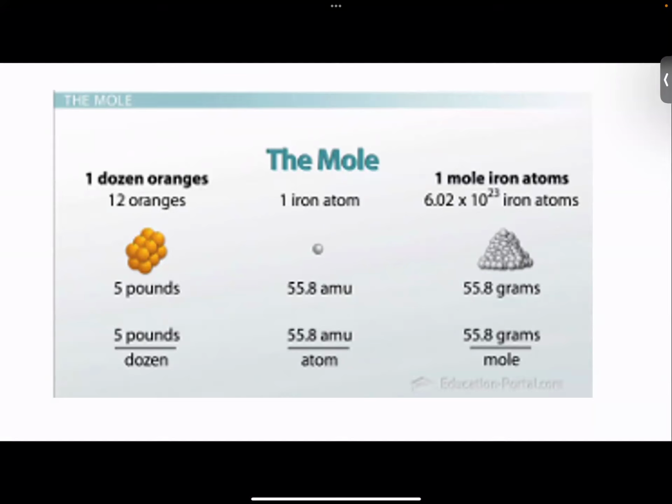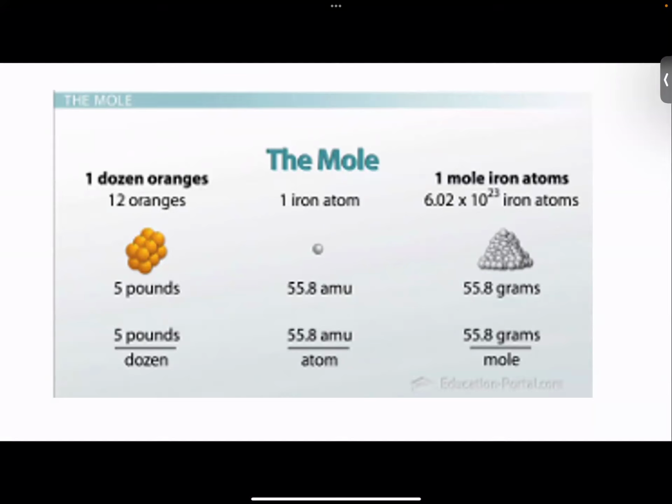And just like one dozen oranges has 12 oranges in it, when we talk about one mole, we're going to talk about 6.022 times 10 to the 23rd. Now, that large of a number in scientific notation is really hard to put into place.